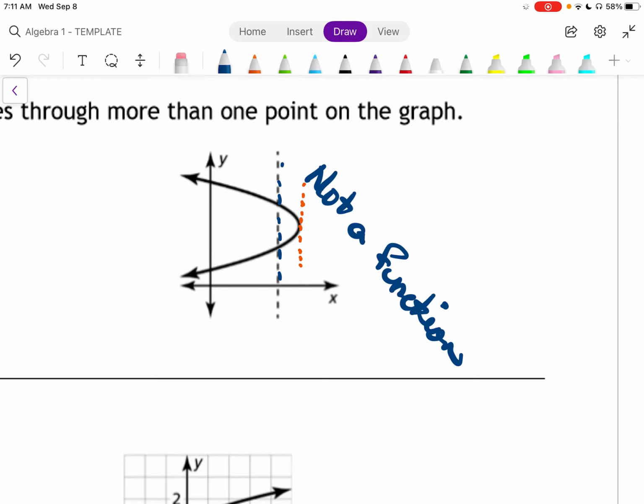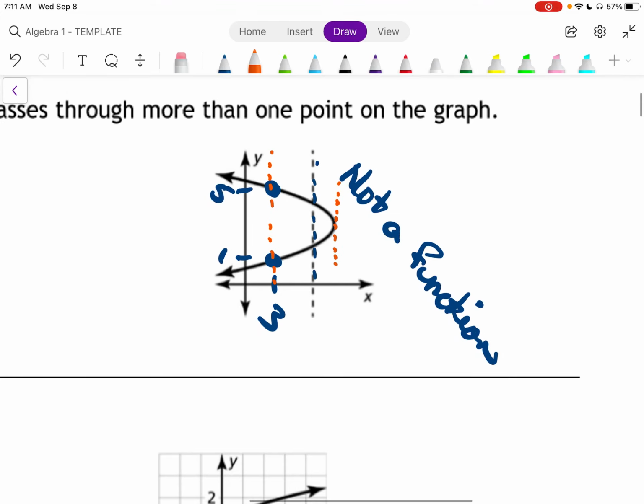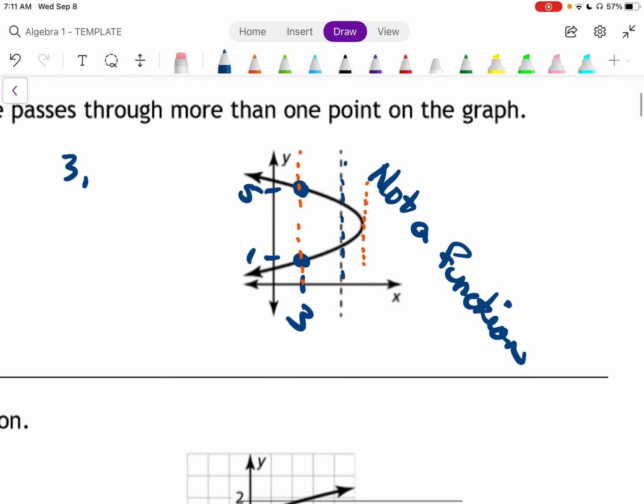Just so that we can see what this would be like, maybe that's 3. We'll talk about this point. This one will be 1, and this point will be 5. We could draw a vertical line through that, so it fails the vertical line test, right? But what would that mean as points? Those 2 points would be (3, 5) and (3, 1).